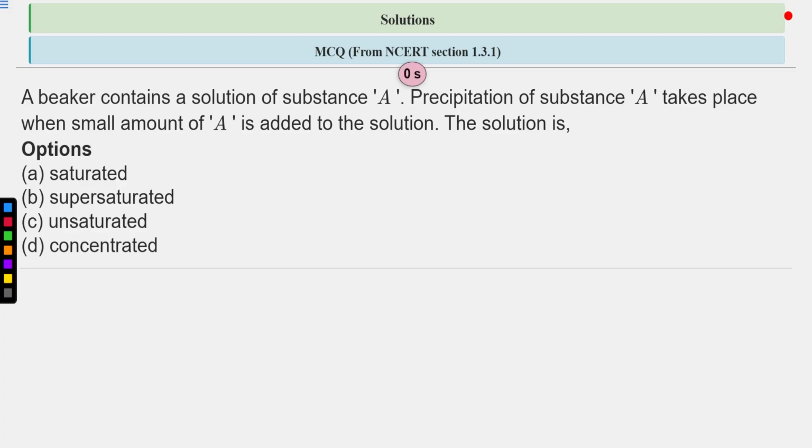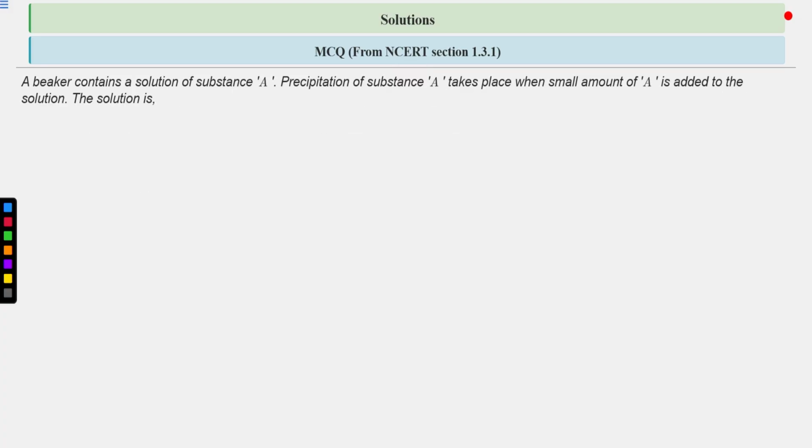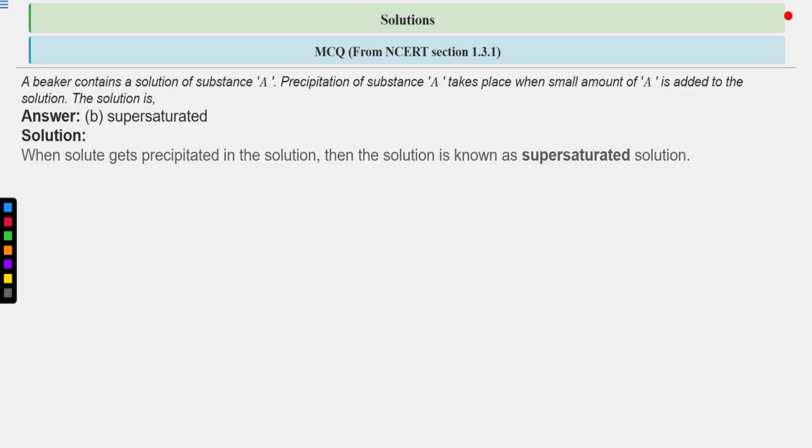Okay, so for this given question, the correct answer is option B, supersaturated solution. When the solute gets precipitated in the solution upon adding a small quantity, the solution is known as a supersaturated solution.